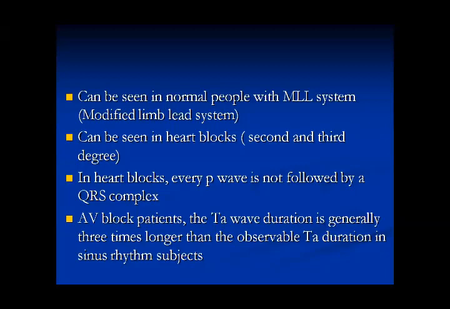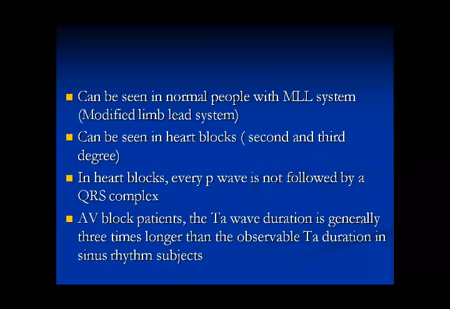So in AV block patients, in the third and second degree heart block patients, the TA wave duration is generally 3 times longer than the observable TA wave, that is the atrial repolarization wave duration, in the sinus rhythm subjects, that is in the normal subjects, right?